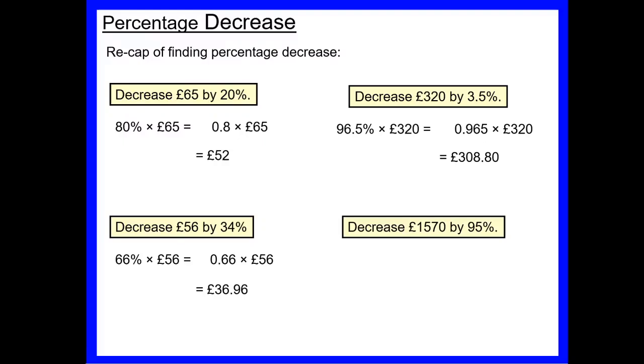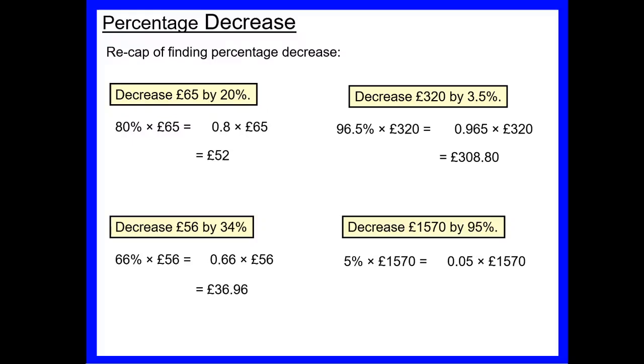Finally then, we're going to decrease £1,570 by 95%. Now again, if I have 100% and I take off 95%, I'm only actually finding 5% of the value. Divide 5 by 100 to get our decimal multiplier, which is 0.05. Now make sure you're careful with that one.